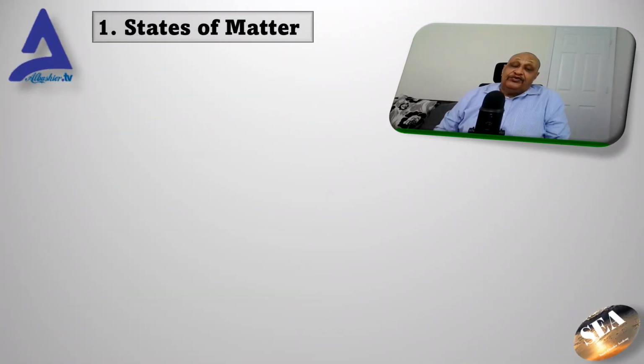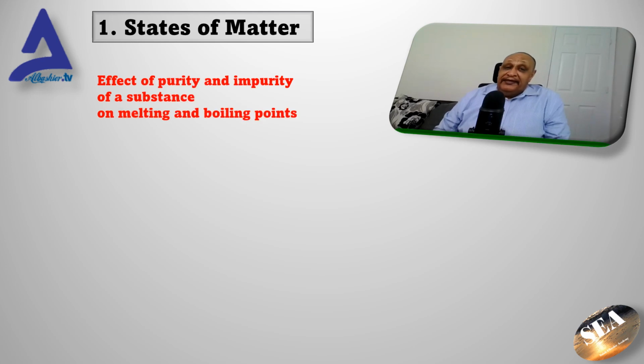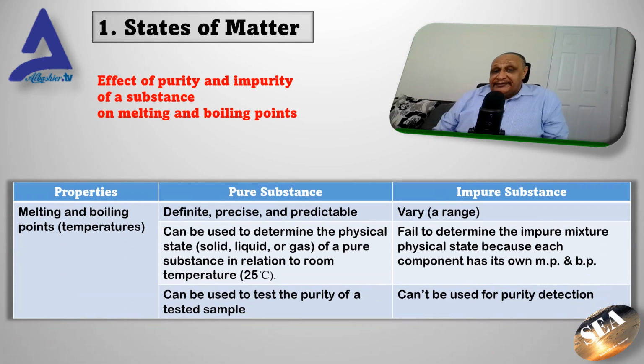Here we would like to see if purity and impurity affect the melting and boiling points. Let us go for a pure substance. We said that the melting and boiling points of a pure substance are definite, precise, and predictable, while they vary in an impure substance.